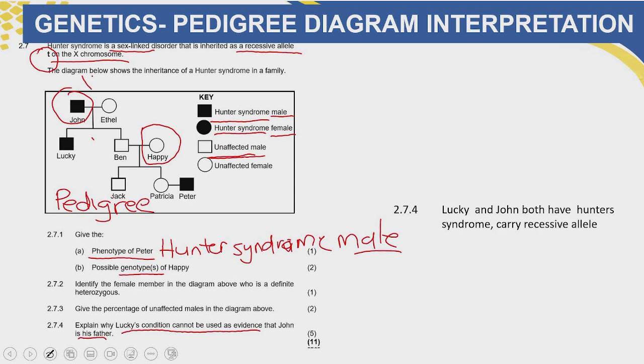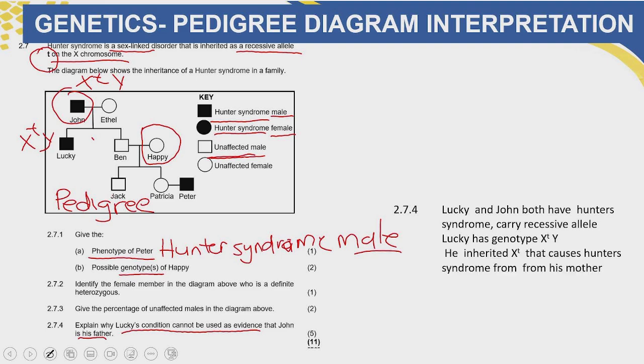So John has the recessive allele, so he is X small t Y. And then Lucky is also a man with Hunter's syndrome. He also has X small t and a capital Y. Because both of them carry the recessive allele, they both have Hunter's syndrome. Lucky inherited the X small t from his mother, because you get the X chromosome from your mother and the Y chromosome from your father, because he is a male.